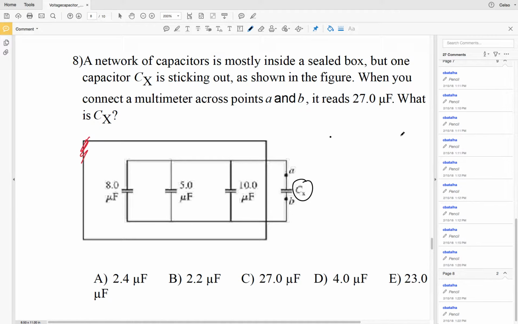So the solution is quick. If they are in parallel, CX plus 10 plus 5 plus 10 plus 5 plus 8 is equal to 27.